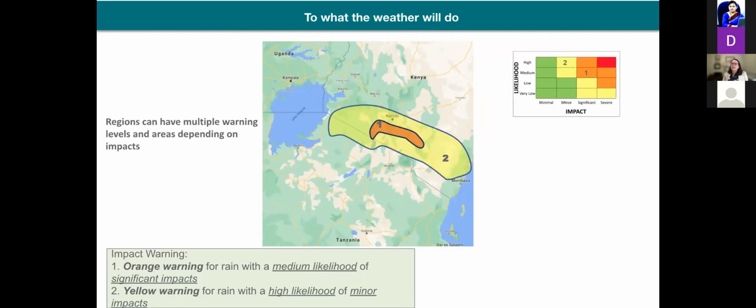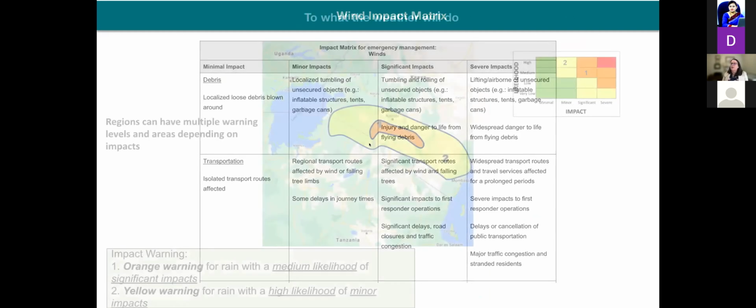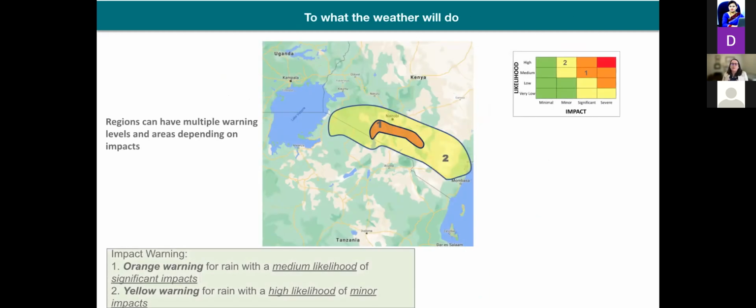So with impact-based forecasting, we use the warning levels and give a little bit more information about what is actually happening with the forecasts. Regions could have multiple warning levels. And in this example, we have the large yellow area and an orange area inside of it.